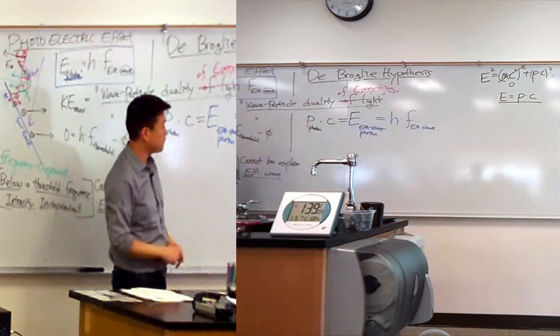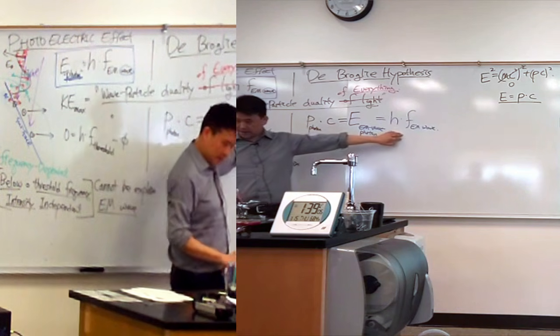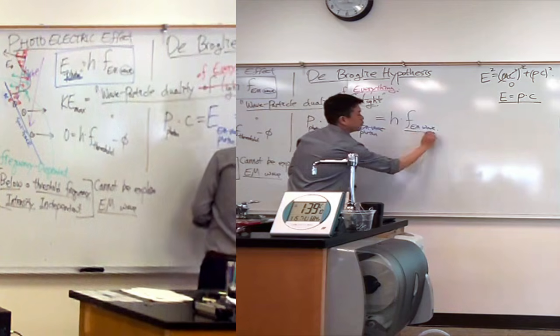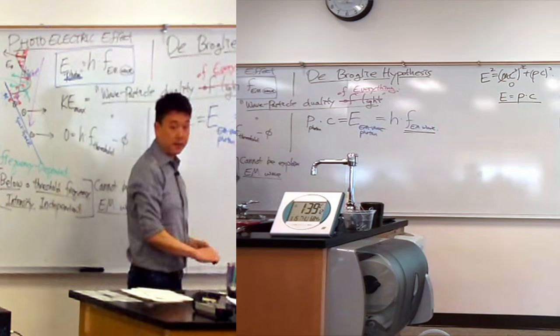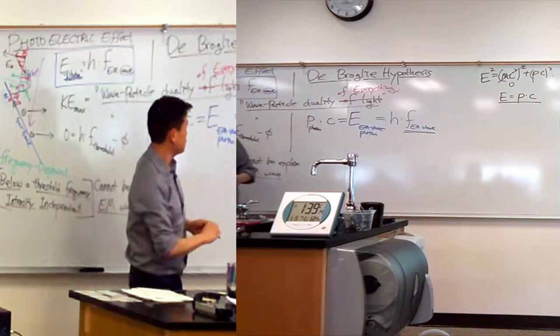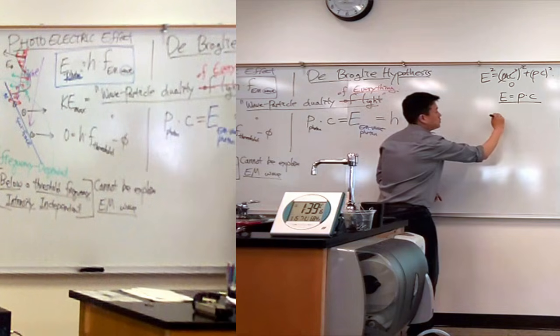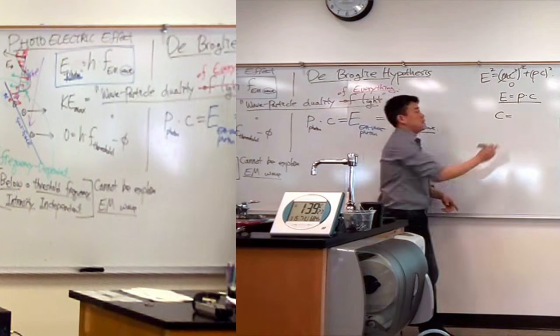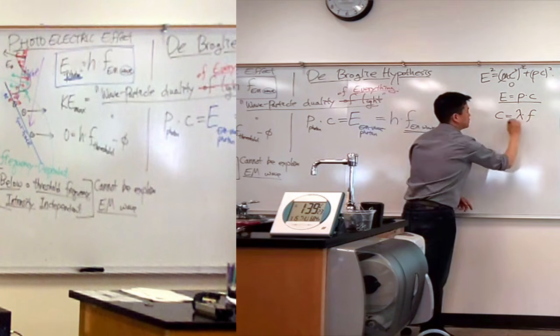I'm hoping that this can apply to something non-relativistic, so that I can get rid of this c somehow. On the right-hand side, I see I'm running out of time, so let me just go through this quickly. I see this frequency, which I can rewrite in terms of the speed of light. The speed of a wave, or speed of light, is equal to wavelength times frequency.